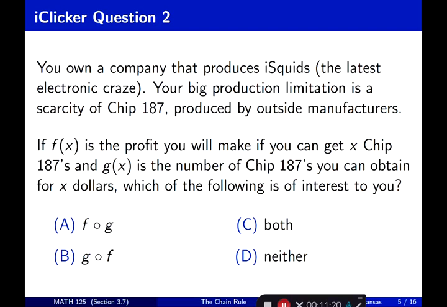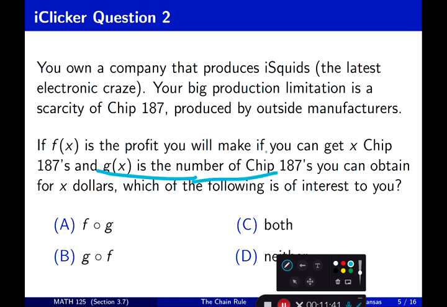So let's think about this and come up with a solution. g of x will give you the number of chips you can obtain when you have x dollars. And you have x dollars, you want to turn these x dollars into a better profit.